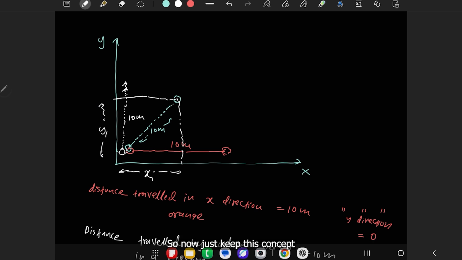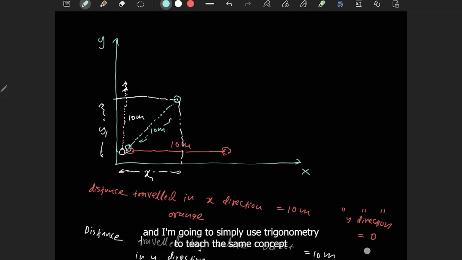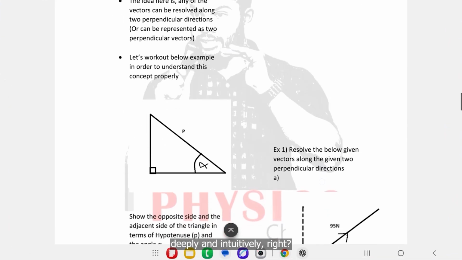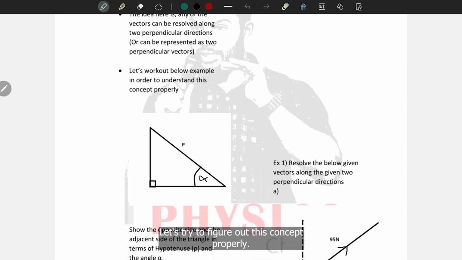Now keep this concept strongly in your mind, as I'm going to make it clearer. I'm going to apply this concept and simply use trigonometry to teach the same concept deeply and intuitively, right? Let's try to figure out this concept properly.